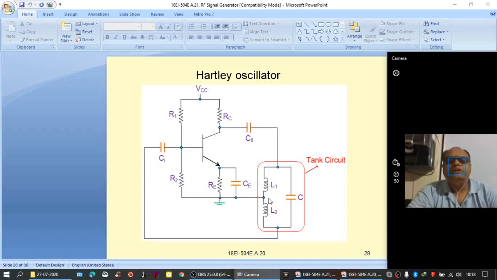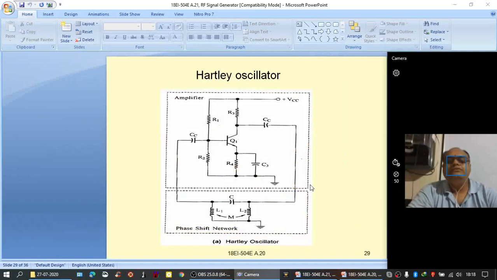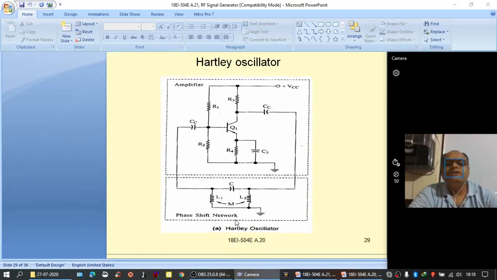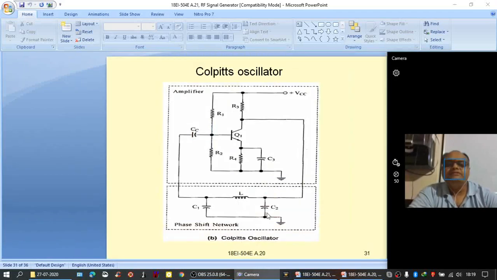If this circuit is a little confusing, you can have a clear view of how the feedback is given by looking into this diagram. Here, this is the combination of L1 and L2, and the junction of L1 and L2 is grounded. The same circuit is rearranged here simply.